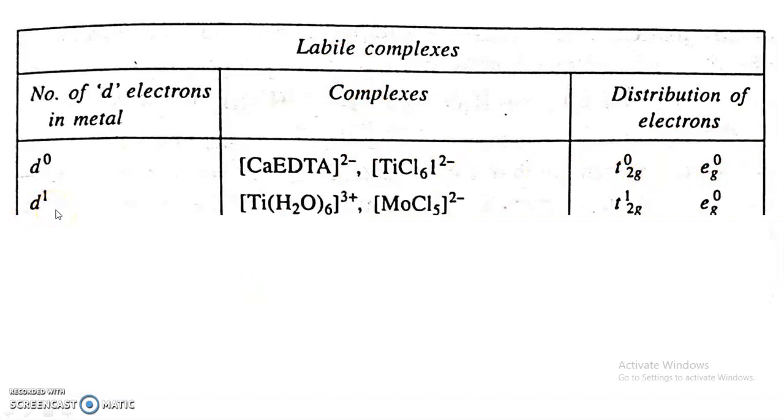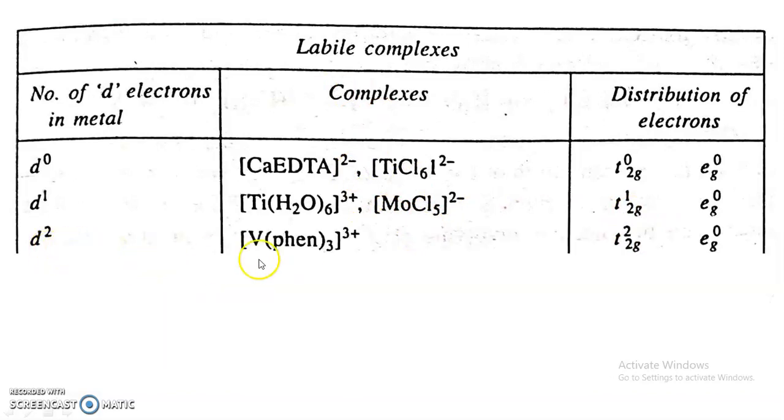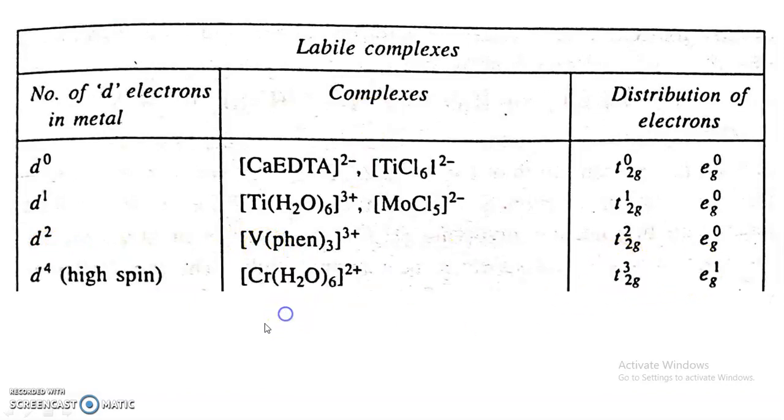Then when the configuration is d1, for Ti3+ and molybdenum +3, these complexes are also labile. The d2 complex of vanadium 3 plus is also labile.